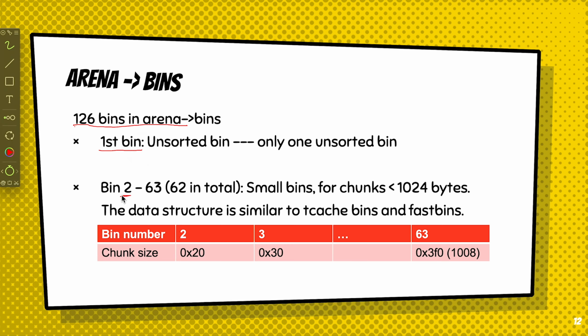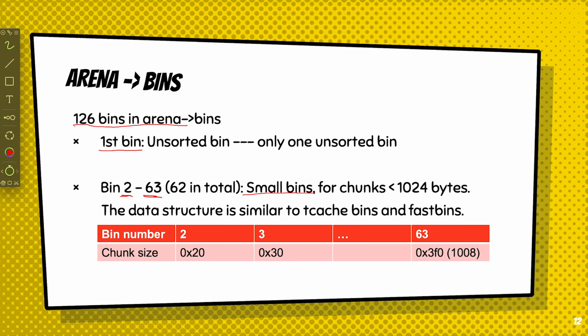Starting from bin number 2 to bin number 63, which is 62 bins in total, they're all small bins, and therefore hold chunks with a size smaller than 1024 bytes. Small bins are also similar to tcache bins and fast bins in the sense that each small bin stores chunks with the same size.